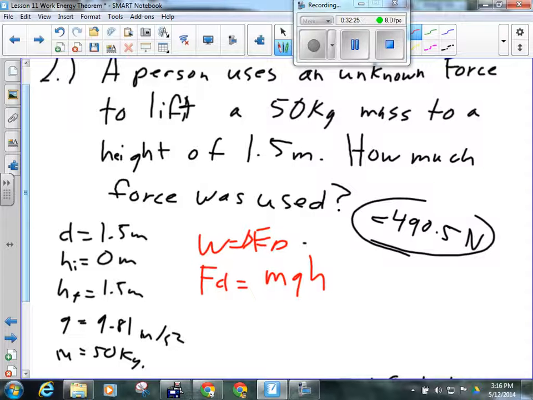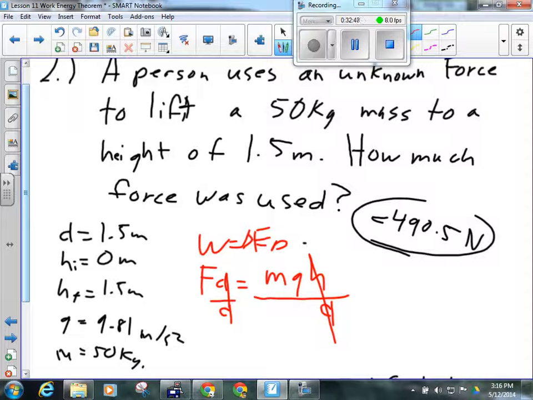Now it just so happens that for this one, the distance and the height are what? They're the same. You're lifting it directly upwards. If you're lifting it directly upwards, distance and height are the same. So I want to solve for force. I divide both sides by d. Boom. h and d will cancel because they're the same number.